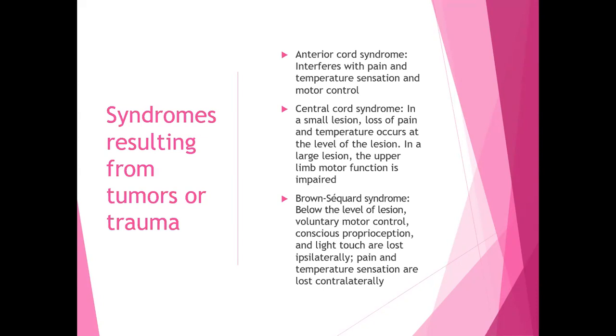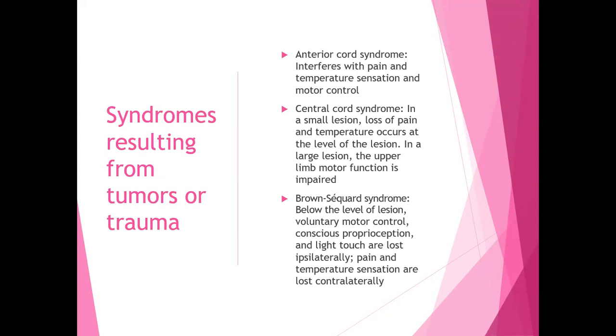Larger lesions can impair upper limb motor function because the medial area that's affected has the upper limb fibers in the lateral corticospinal tracts.